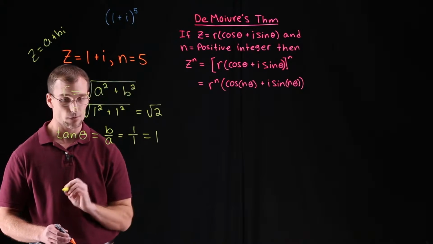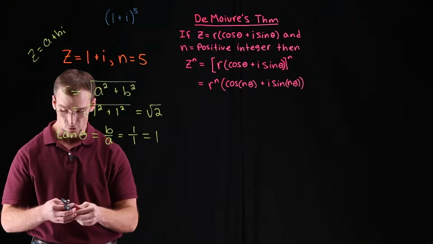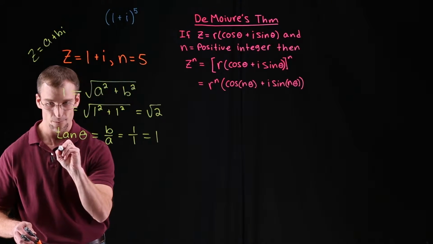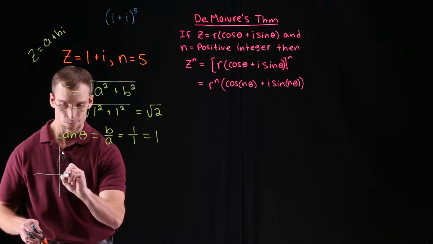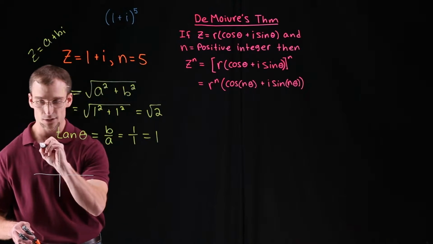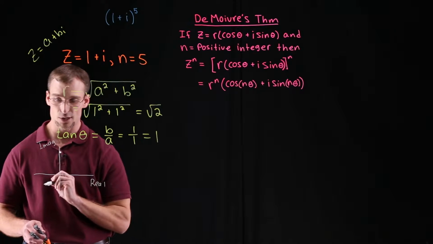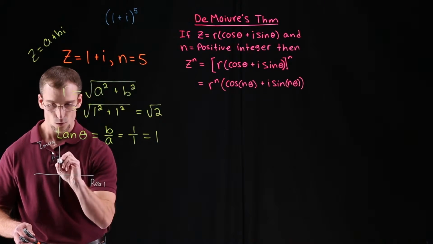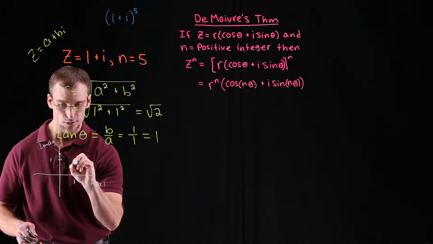Now, to solve for theta, first we pay attention to where z is located, particularly which quadrant. If we graph z really quickly, consider our real axis here and our imaginary axis here. With our a and b, we go 1 unit in the real direction and 1 unit in the imaginary direction.